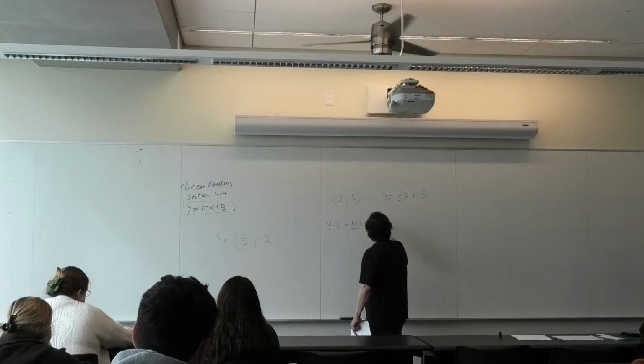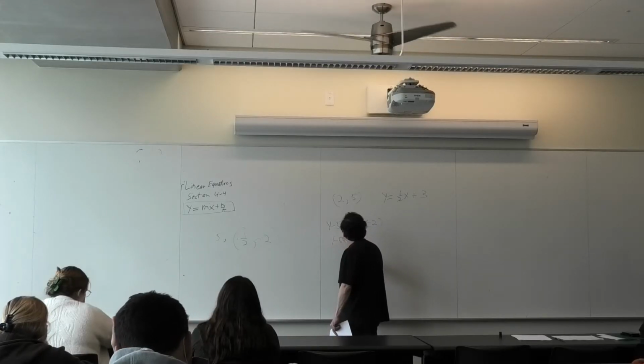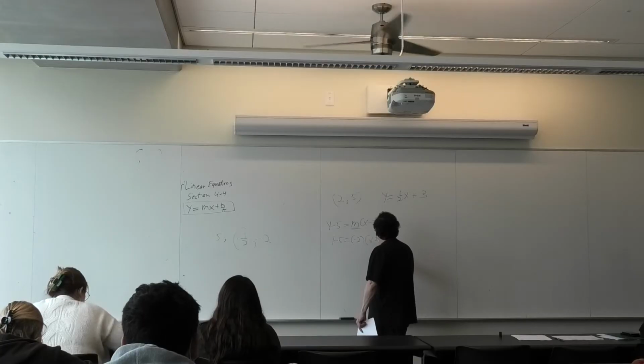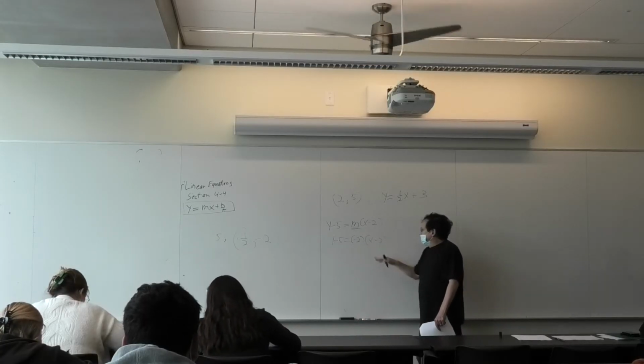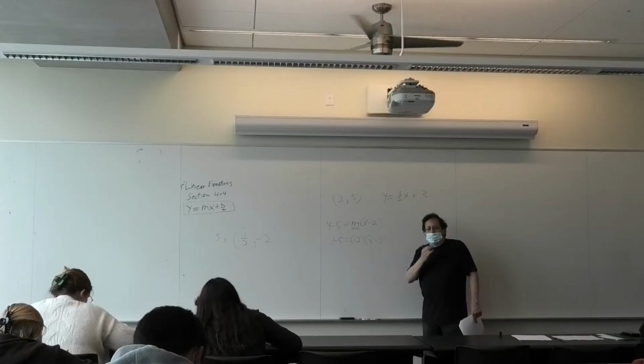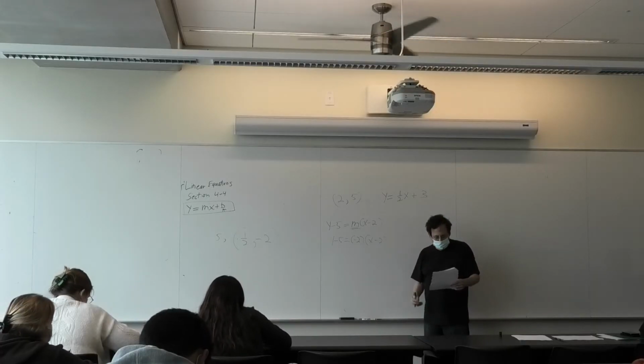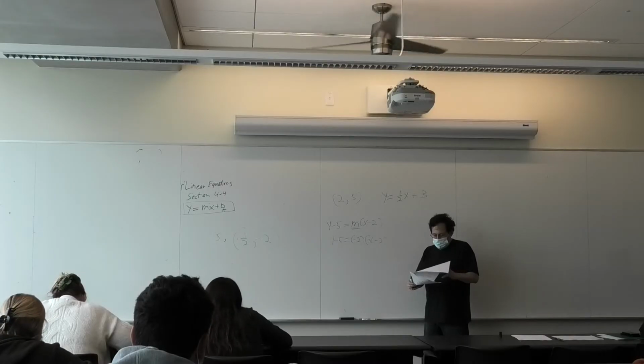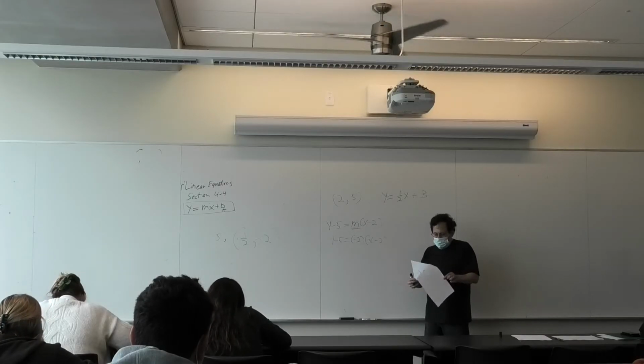So here we know it's y minus 5 equals -2 times x minus 2. And we can write that a little nicer, but that's really all we need to know.